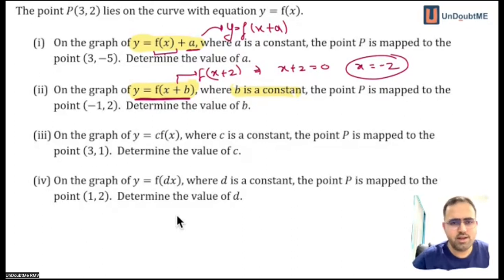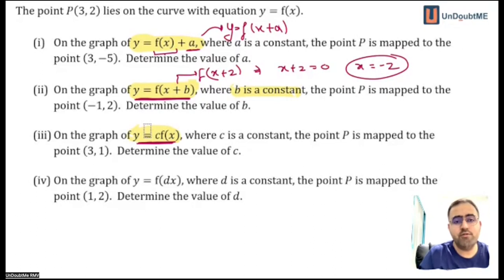Okay, next one is c f(x). What type of transformation is this? A vertical stretch, in which the y value is going to be multiplied. Good. It will be a vertical stretch, and depending on the value of c, the y value is multiplied, which decides whether it will be elongated or compressed.